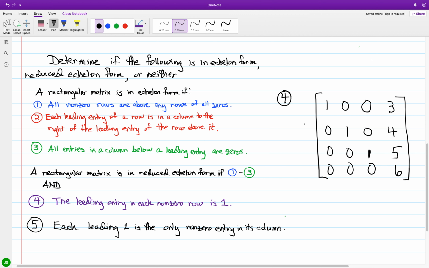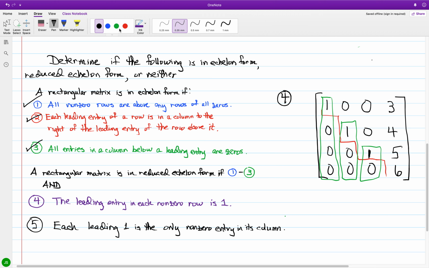So again, we have no all-zero rows. And again, have these leading entries, once again, satisfied. All entries in a column below the leading entry are 0s. So we have those satisfied, once again.